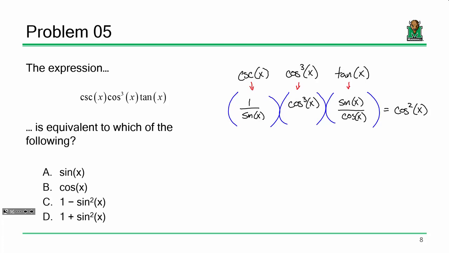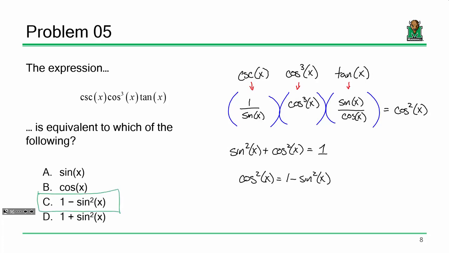Well, essentially, yeah, because the sine squared plus the cosine squared is always a particular value, and that value is 1. So, therefore, cosine squared is 1 minus sine squared. And your answer is C.